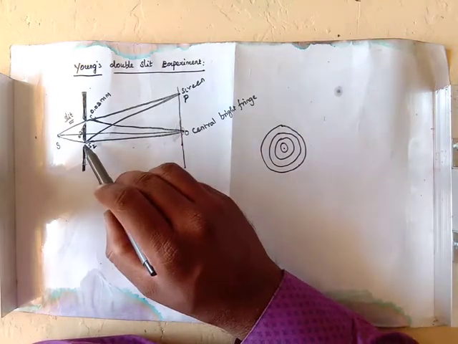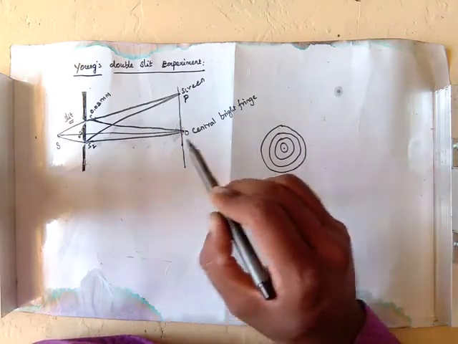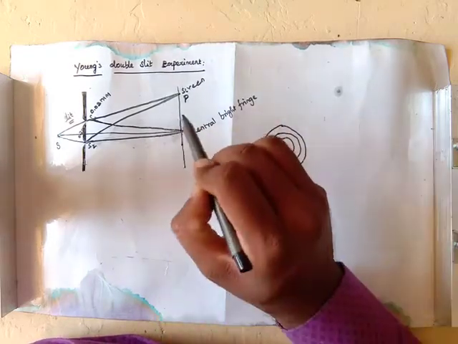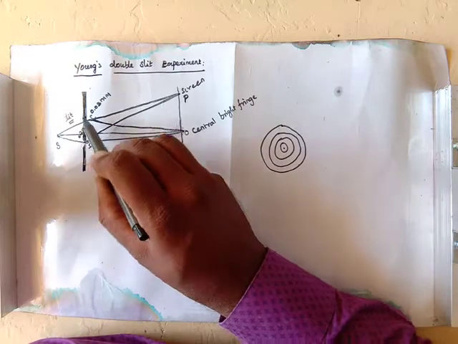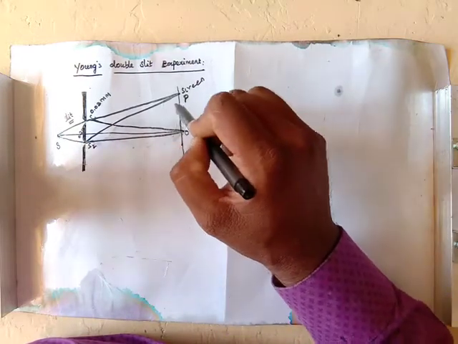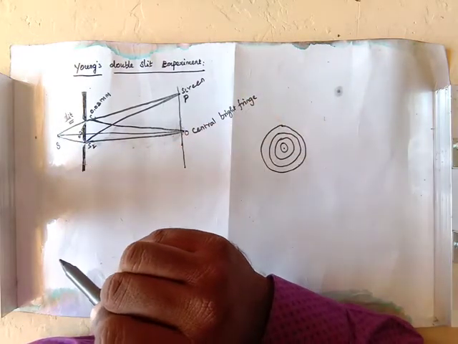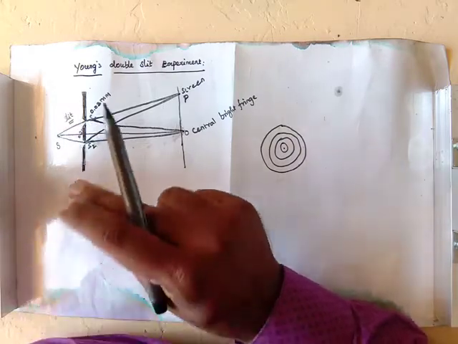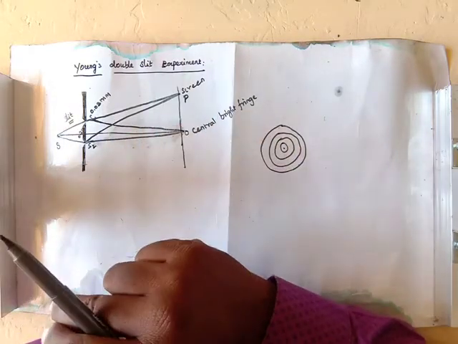From this we conclude that the fringes are produced due to interference. Only when the two sources are open is interference produced. When the two sources interfere, interference fringes are produced.